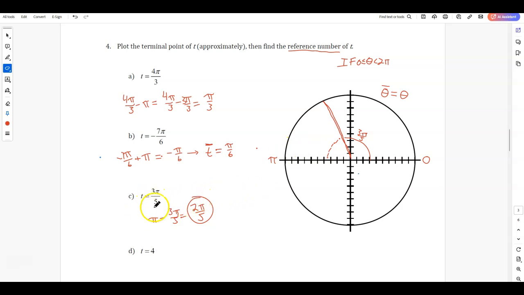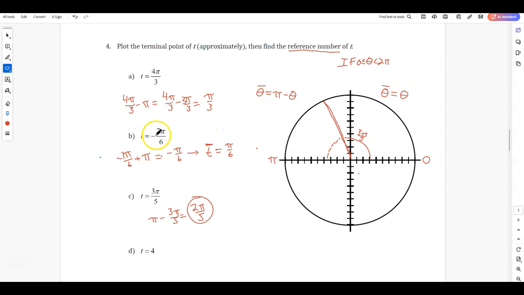Quadrant 2, right, which is kind of what we did for part C here, I'm moving partially into quadrant 2, but not all the way to pi. So to get this reference number, I could say this reference number is pi minus my angle theta. Right, so pi minus that theta will take me over to here.